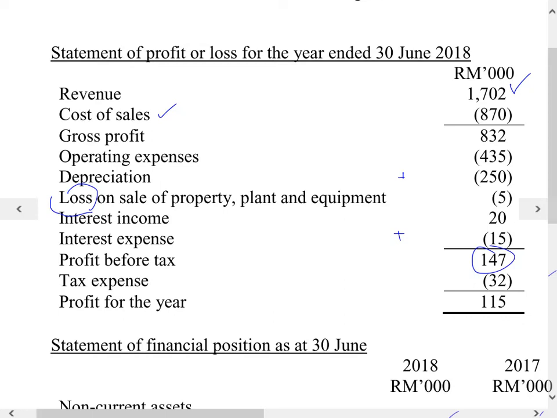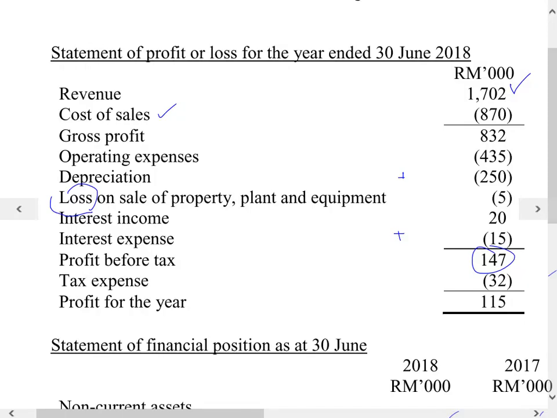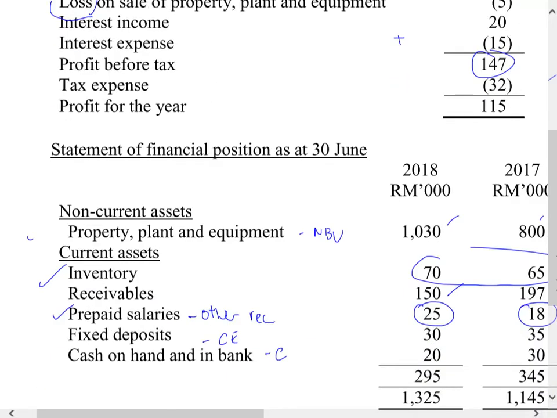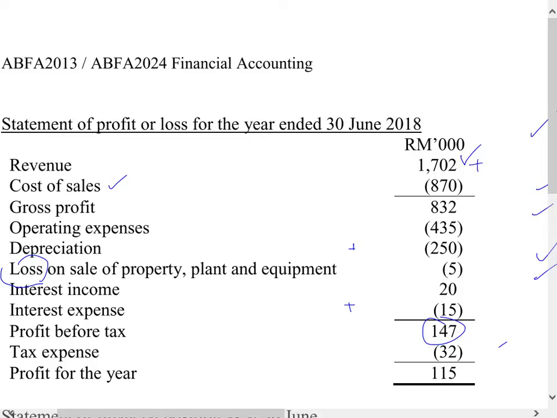Have I already included the income of 1,702? 1,702 is already included in this profit here. But did I actually receive 1,702? No, because I have opening and closing receivable, correct? So is there an increase or decrease? There is a decrease, so I add 47. So the actual amount I receive is 1,749.